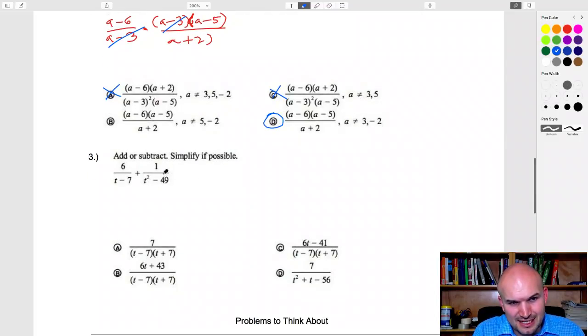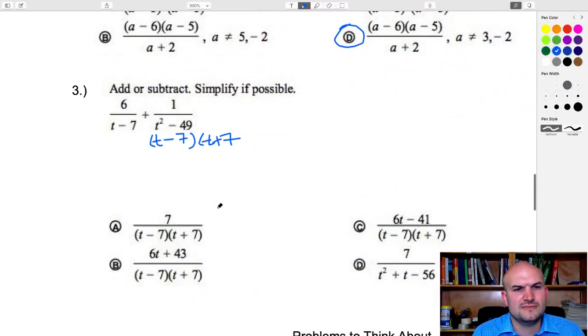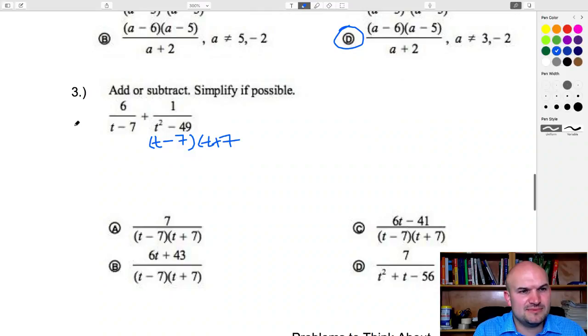I see that t squared minus 7 is the same thing as t minus 7 times t plus 7. So I'll multiply this by t plus 7.